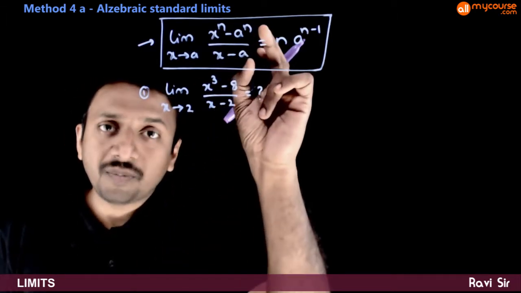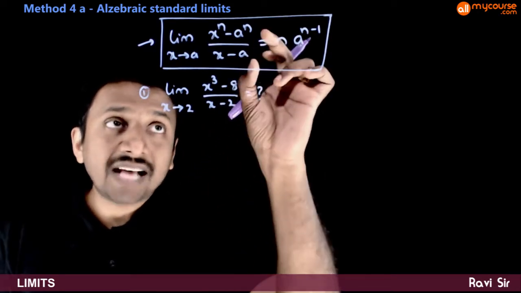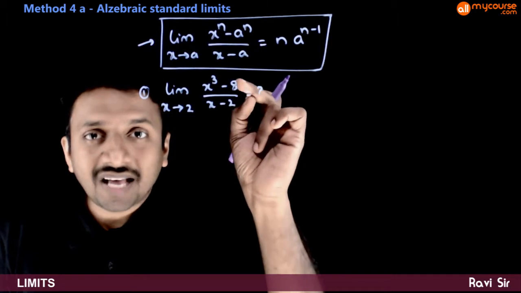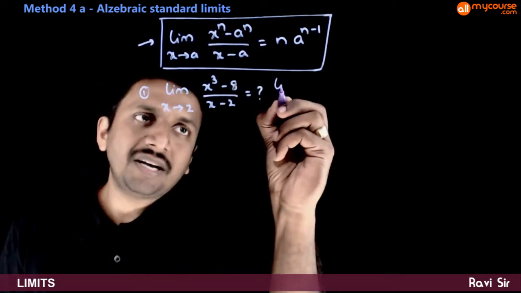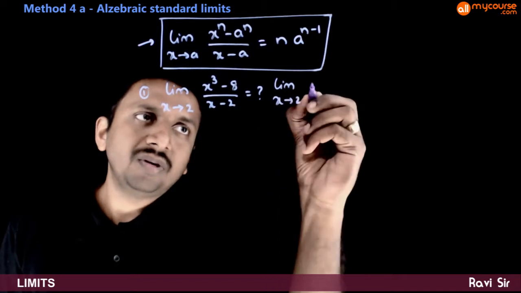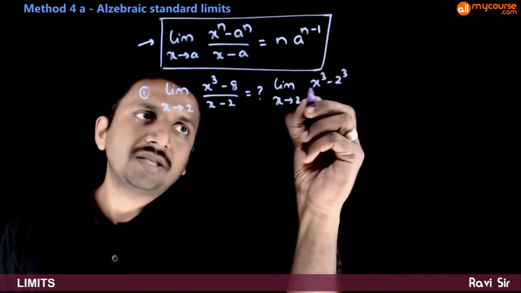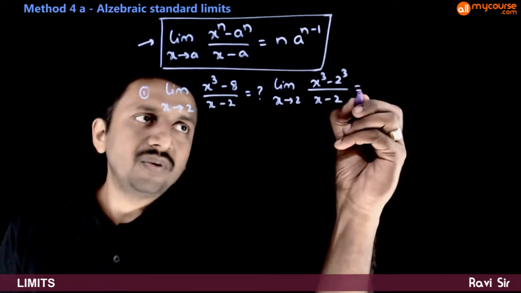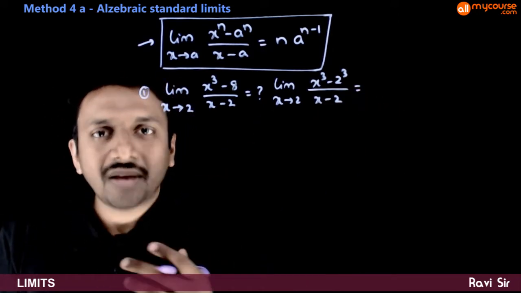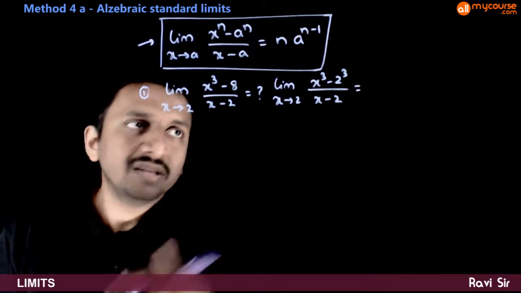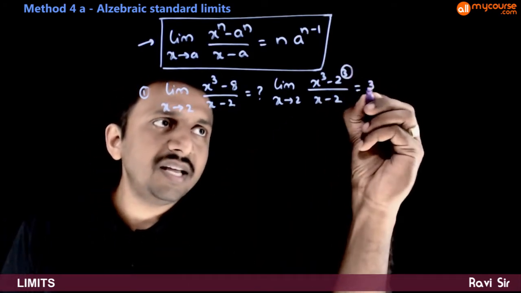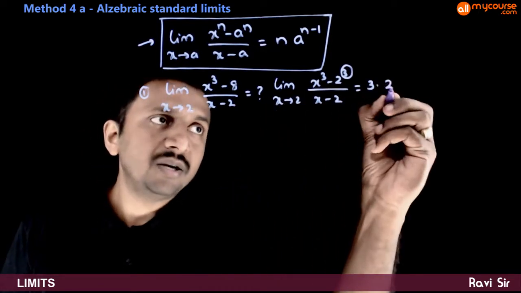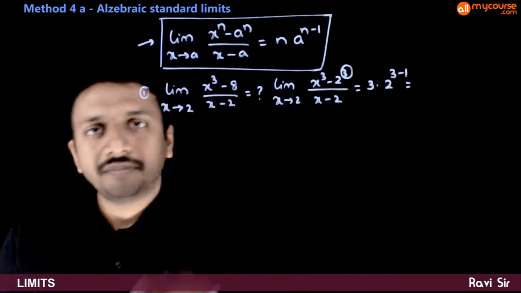But before using this formula, the expression has to be of this form. So x cube minus 8 can be written as 2 cube, right? So this can be written as limit x tends to 2, (x cube minus 2 cube) by (x minus 2), which is equal to n into a power n minus 1. n is the power, that is 3, into a, the number to which the variable tends, 2 power 3 minus 1.